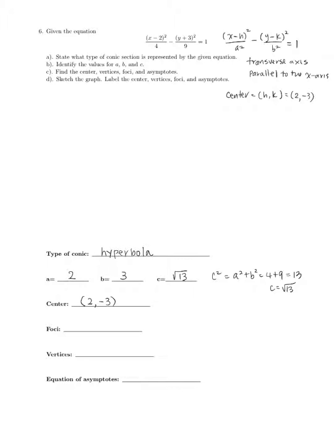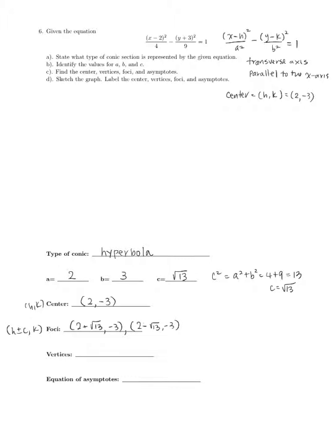Now let's go with the foci. The center was (h, k). The foci are (h plus or minus c, k). H is 2, so plus or minus the square root of 13. So we're going to have (2 plus square root of 13, negative 3) and (2 minus square root of 13, negative 3).